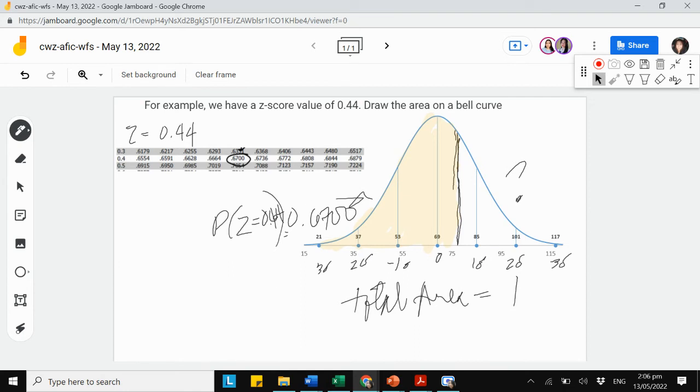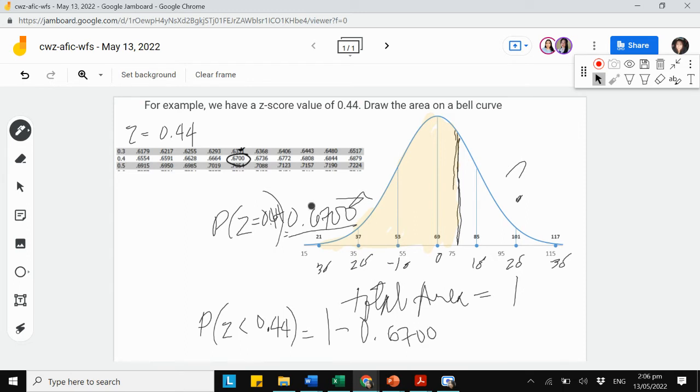To find the value of the area here, simply subtract this from 1. So this is the probability of Z less than 0.44. Simply subtract it from 1. So, 1 minus 0.6700.